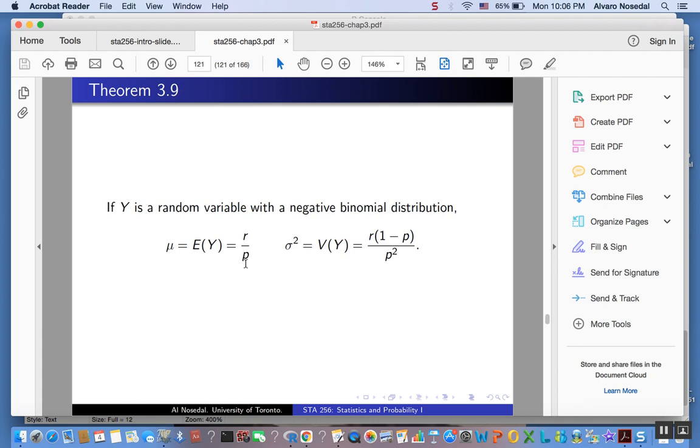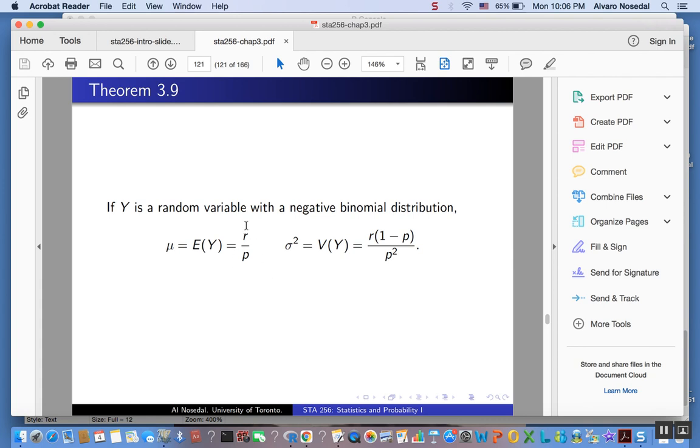Let me make a comment here. It turns out that the geometric distribution is a particular case of a negative binomial distribution. Remember that for that one, we are interested in the number of trials until we observe our first success. So in that case, r equals 1, and we gave a proof that the expected value for a geometric distribution was 1 over p.